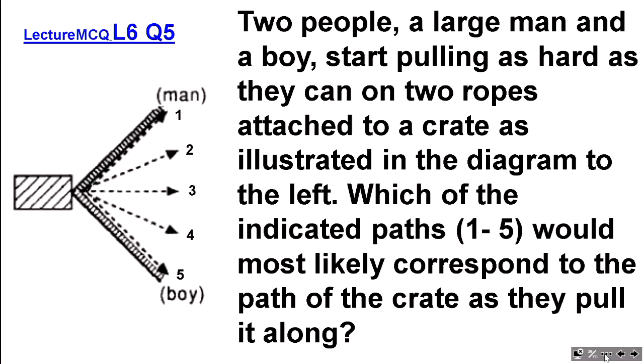So strong man, not so strong boy, and they pull it strong enough so it starts moving. The question, how do you expect it would move? Which path do you think is the most natural? What do you think? Number 1, number 2, number 3, number 4, or number 5? Just tell me.